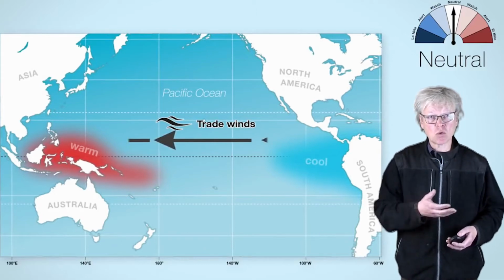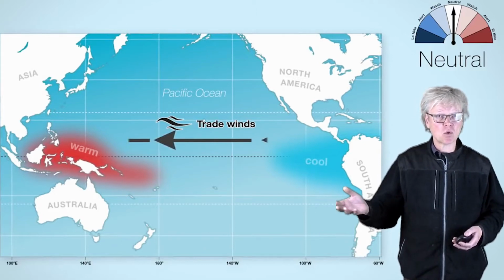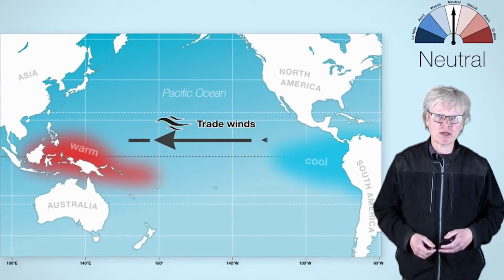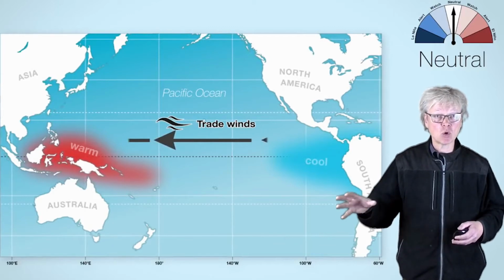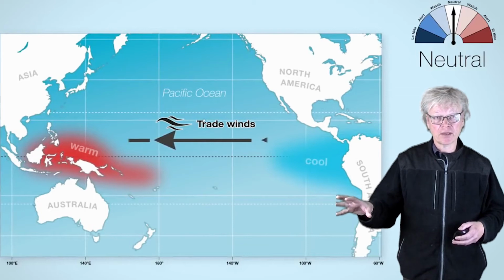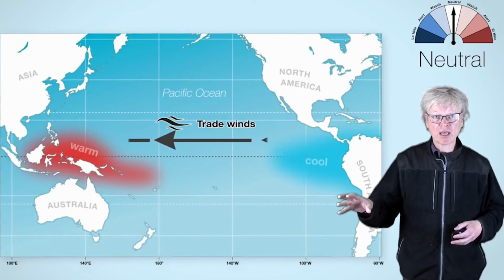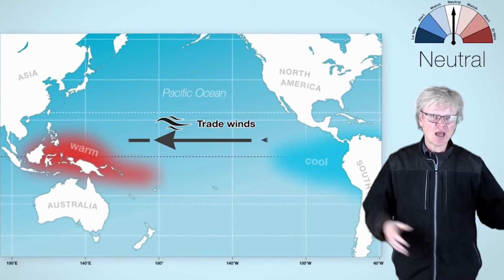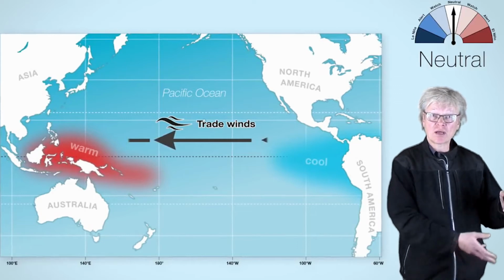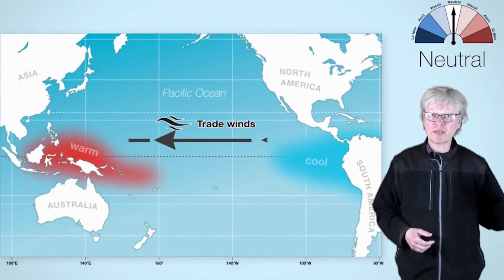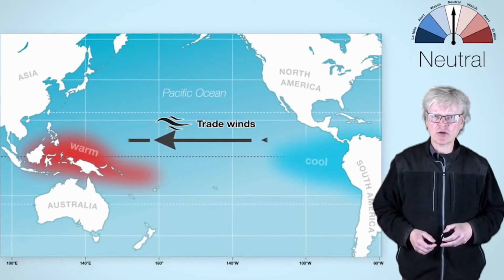That piled up water pushed over by the trade winds means you get more warm water on the western Pacific, and therefore space for cold water to come up on the eastern Pacific, near South America.